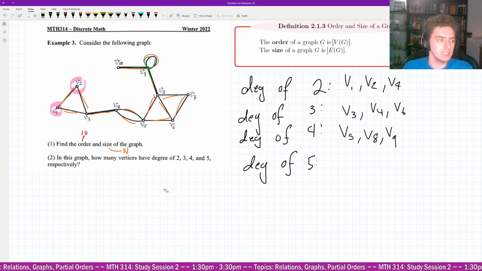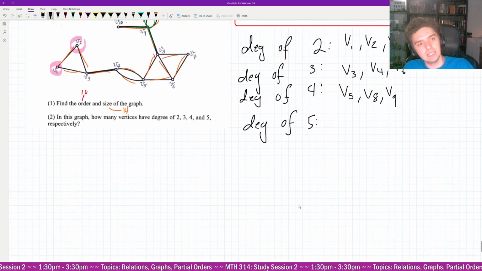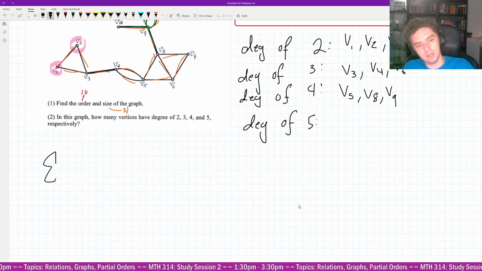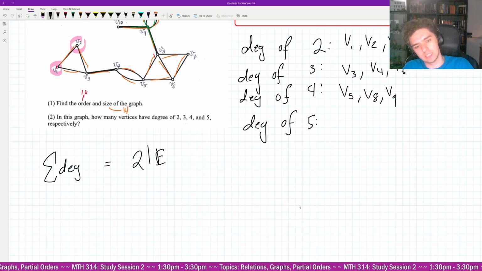So size is 14. Oh yeah, the size should be 14. Well, okay, so the sum of the degrees of all the nodes is 2 times the magnitude of the edge set, right? Which is 2 times the size.